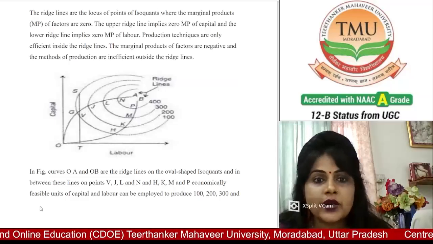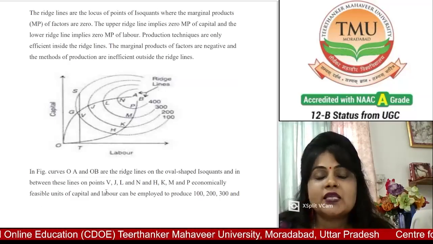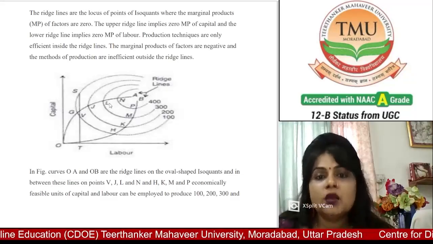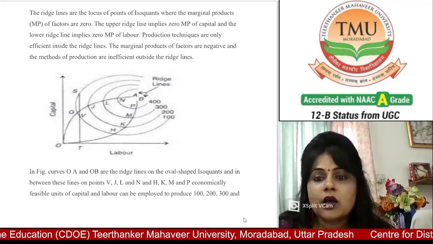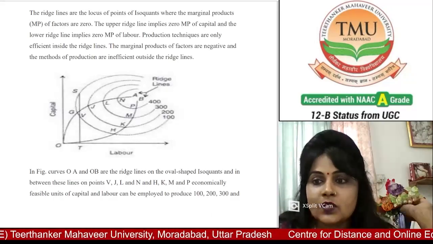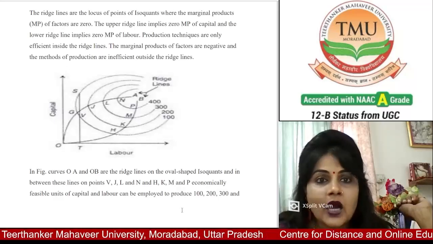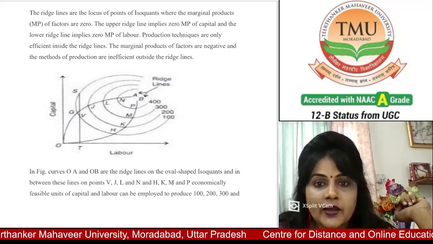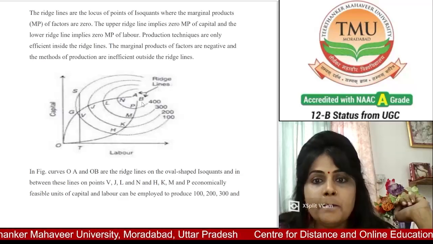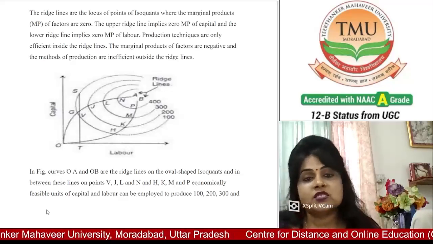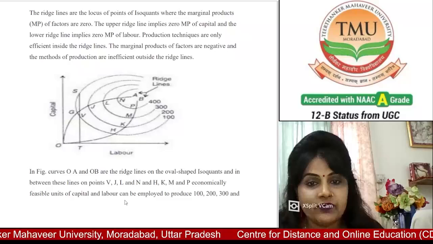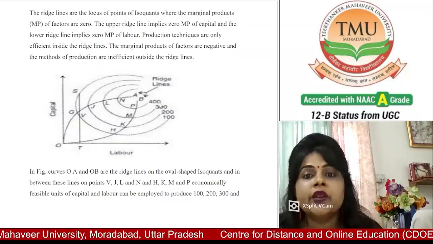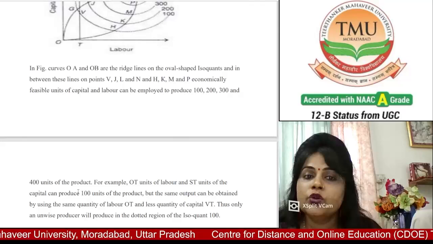In between these lines, the points V, J, L, N and H, K, M, P show economically feasible units of capital and labor that can be employed to produce 100, 200, 300, 400 units of product.